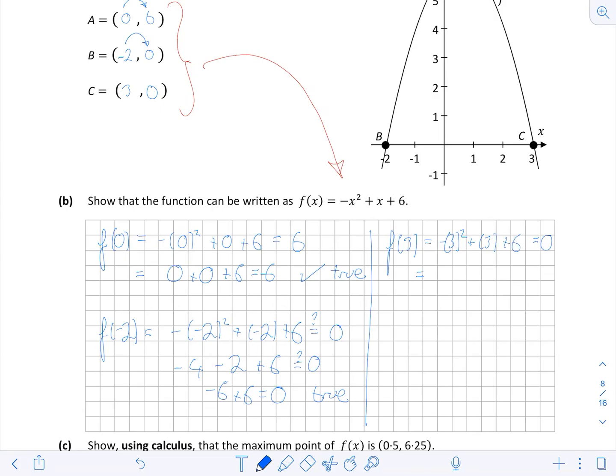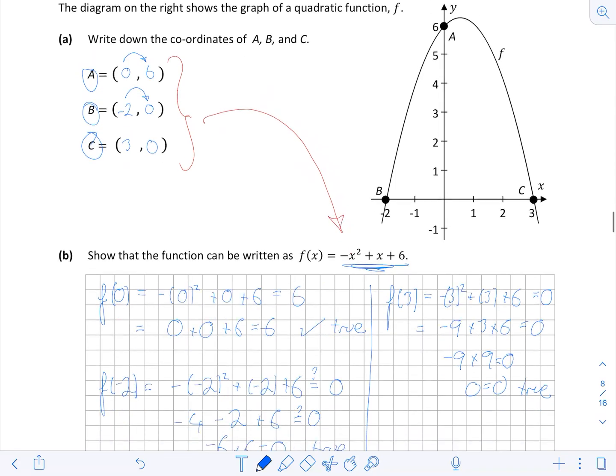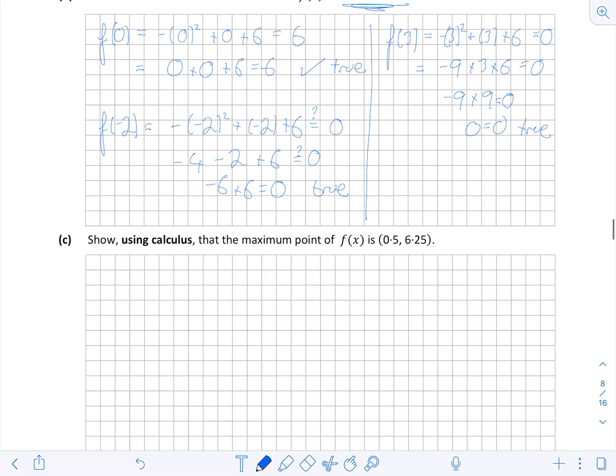That's -9 plus 3 plus 6, which is equal to 0, so 0 is equal to 0, true. So each of these 3 points is on this function, so it looks like it is the function. Yep, job done.